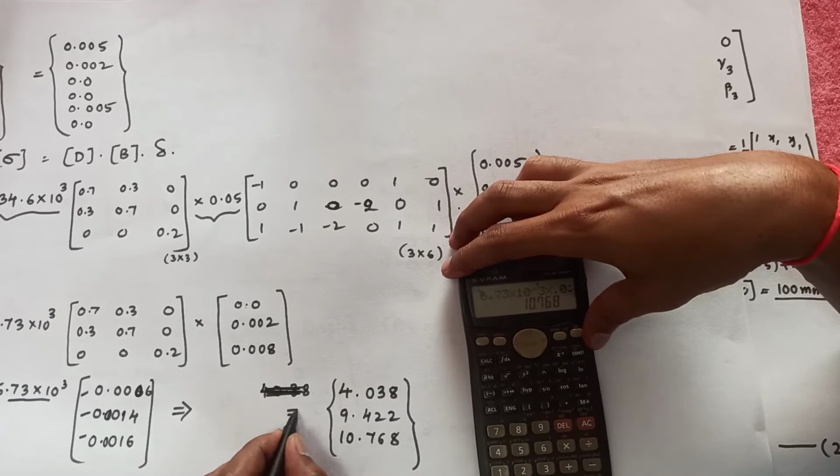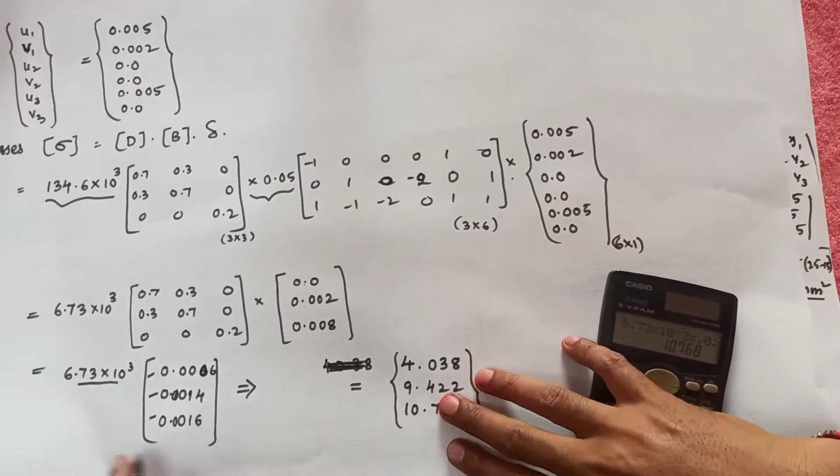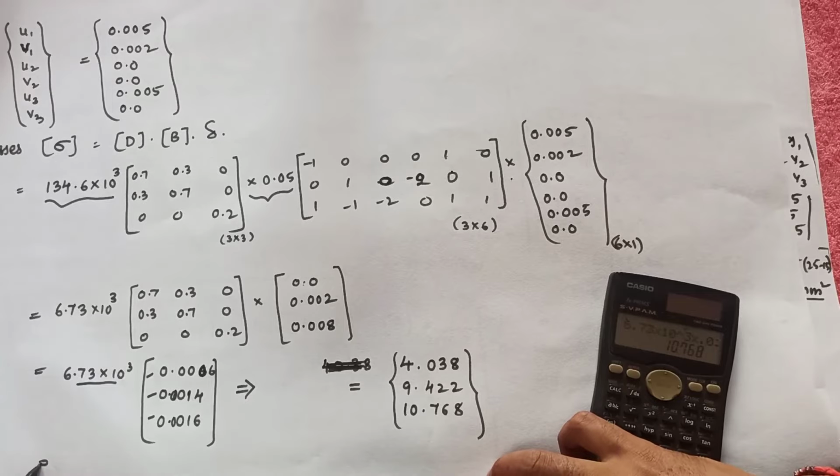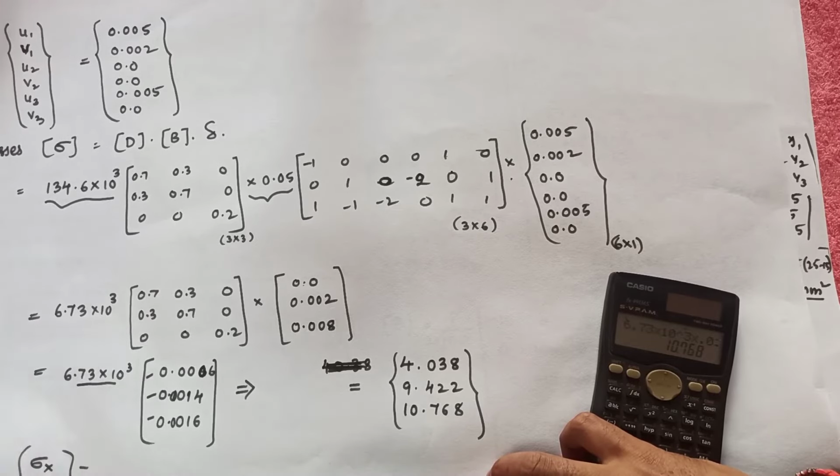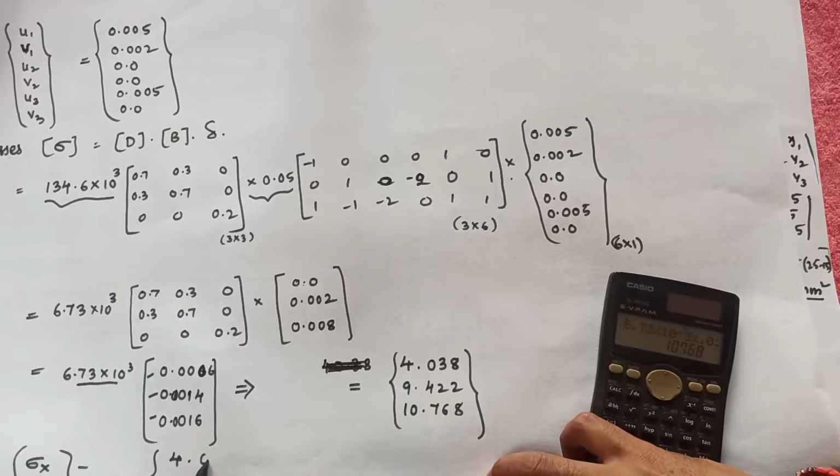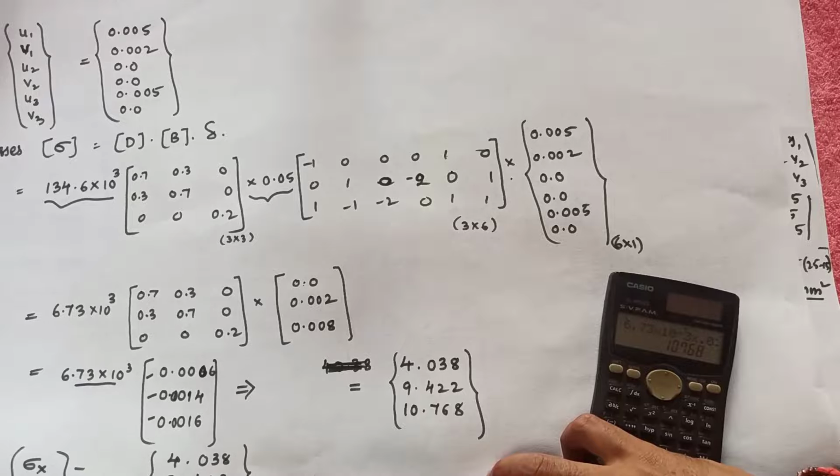Okay, finally what we obtained, these are the stresses. It means the stresses sigma x, sigma y and tau xy are equal to 4.038, 9.422, 10.768. All are in Newton per millimeter square.